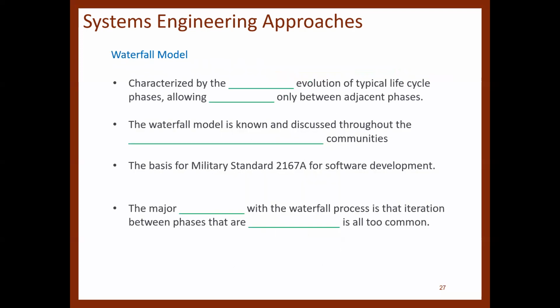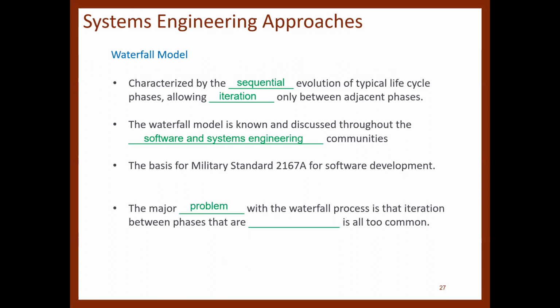The waterfall model is characterized by the sequential evolution of typical life cycle phases, allowing interaction only between adjacent phases. The waterfall model is known and discussed throughout the software and systems engineering communities, and is the basis for the military standard 2167A for software development.